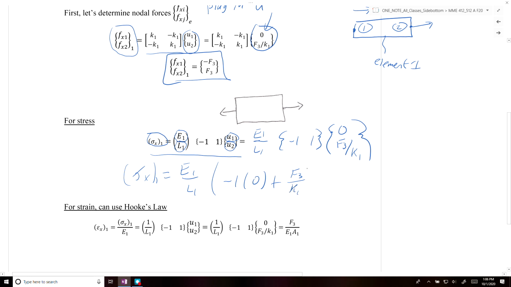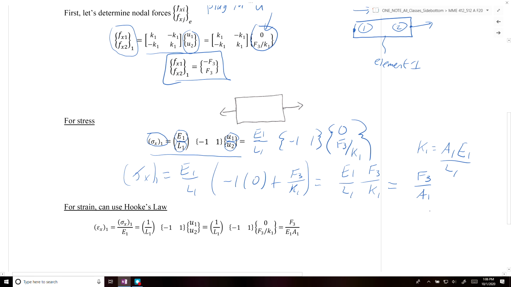Now, what we end up getting is E1 over L1 times F3 over K1. Now remember, K1 is equal to A1 E1 over L1. So this actually simplifies down to just force 3 over A1. Right, which makes total sense.